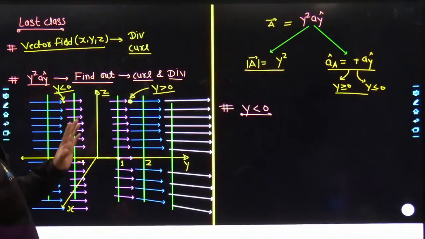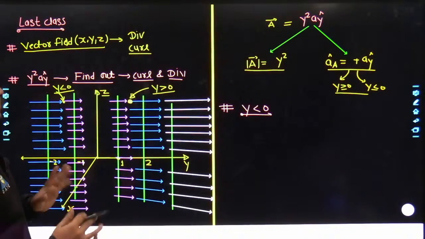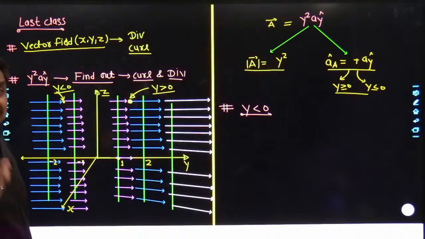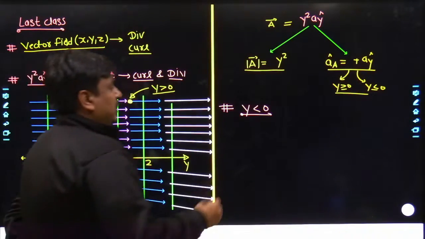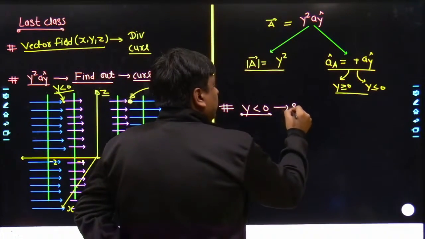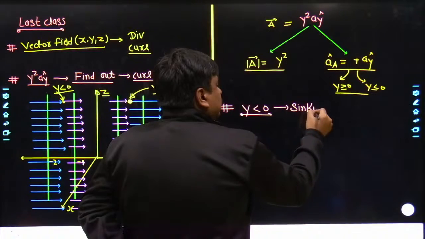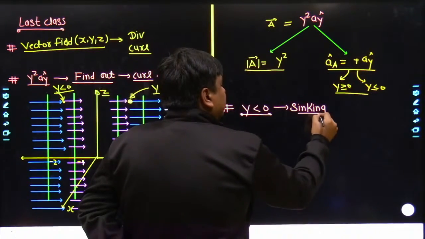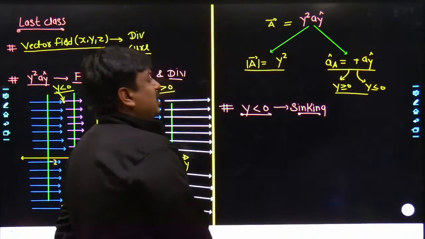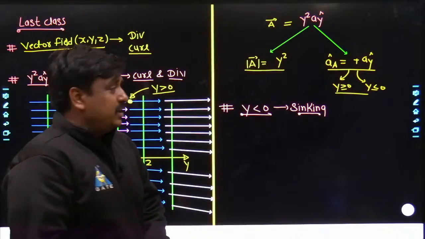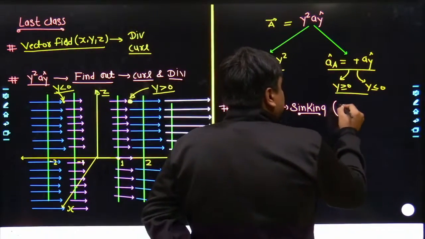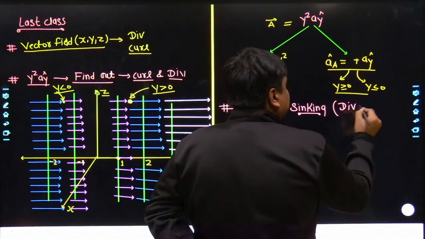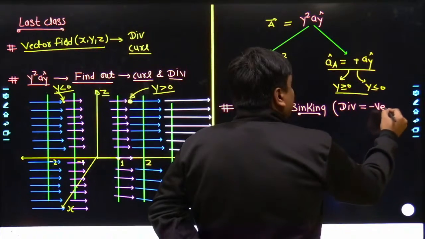What does that mean? That means throughout the range where y is less than 0, by default the behavior of the divergence is sinking. And as we discussed in the last class, whenever the vector field is sinking in nature, the value of divergence at that region would always be negative.